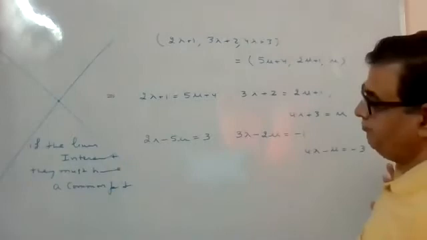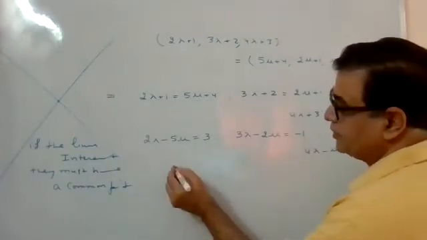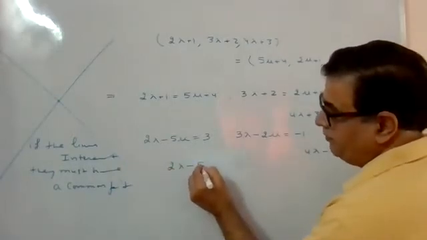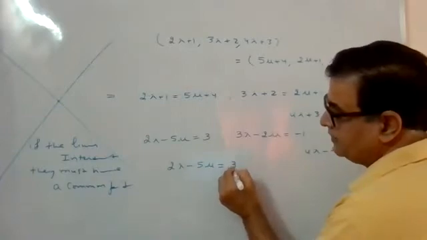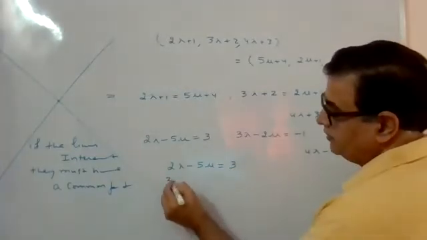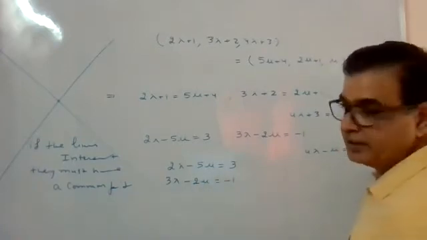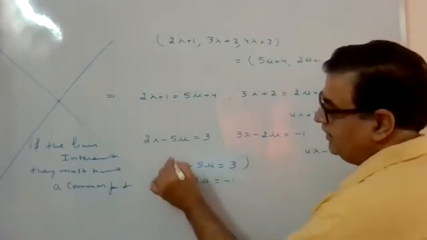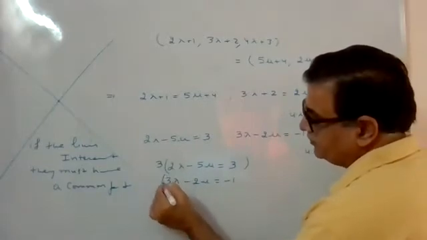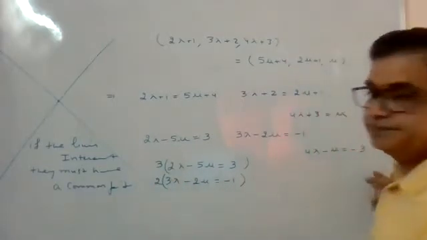Now we will solve them. First we solve these two equations. So 2 lambda minus 5 mu equals 3, and 3 lambda minus 2 mu equals minus 1. This I will multiply by 3, this I will multiply by 2.